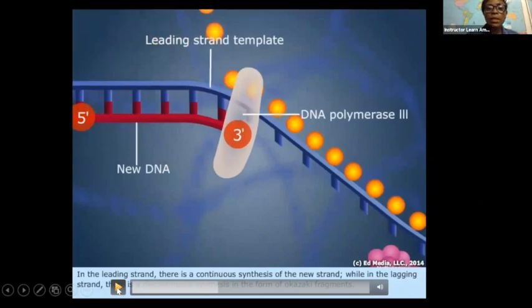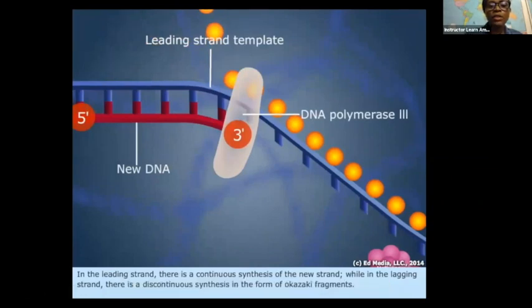Let's take a deeper look at this section. The leading strand is the strand that's being replicated, from the 5' to the 3' direction. This is controlled by an enzyme called DNA polymerase 3.